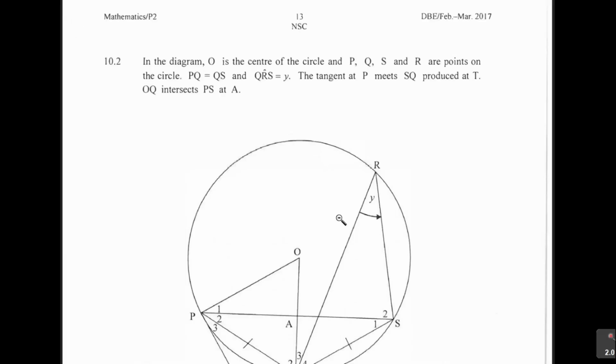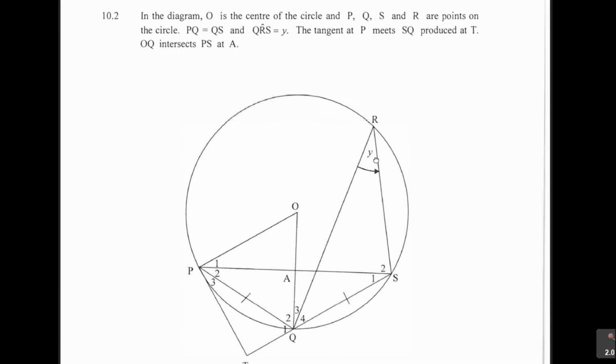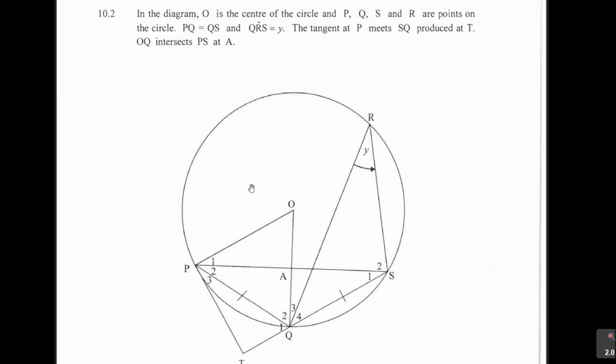Let's look at this diagram. So we are given this diagram. It says here we've got a center O, and then P, Q, S, and R are points on the circle. You can see them. PQ, I think they also marked it here. PQ, if you look at this, PQ is equal to what? Is equal to QS. Those two are equal. I think you can see from these lines that they are marked. And then they are also saying angle QRS, there is that angle here.